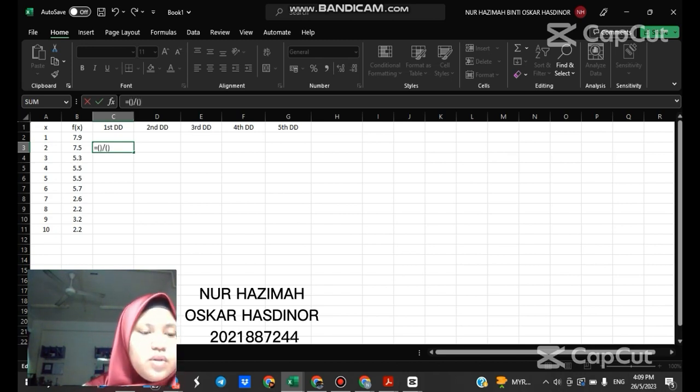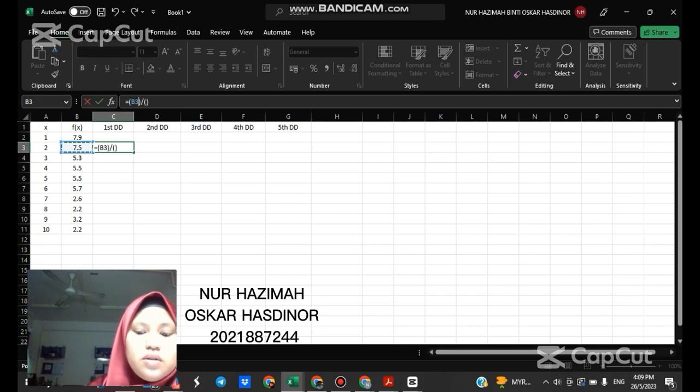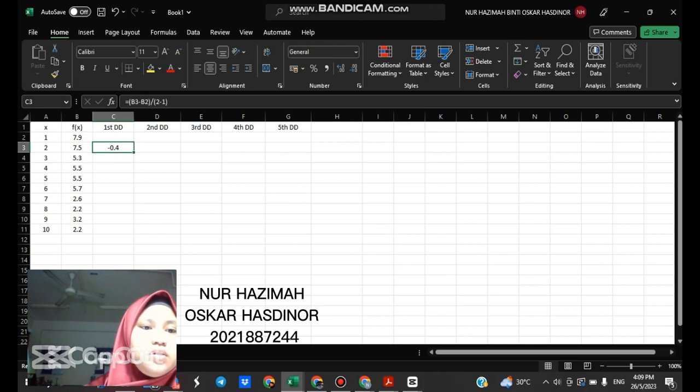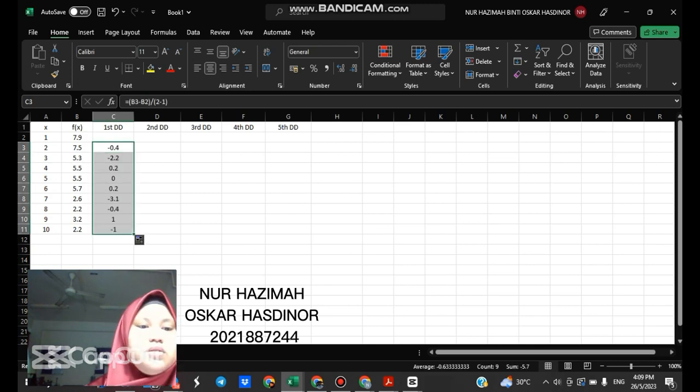So for this value, we need to take this one, and then we need to take f2 minus f1 minus f0, and then it is divided by x1 minus x0, and then divided by x2 minus x0. And I get the answer. After that, I drag it down to get the other answers.